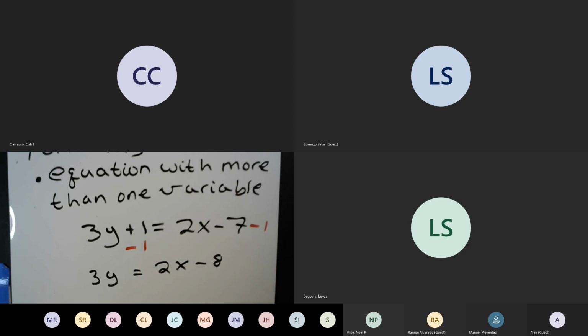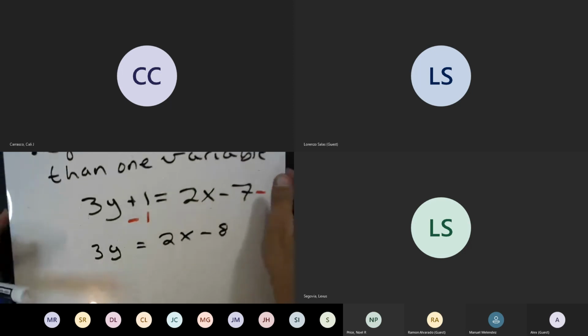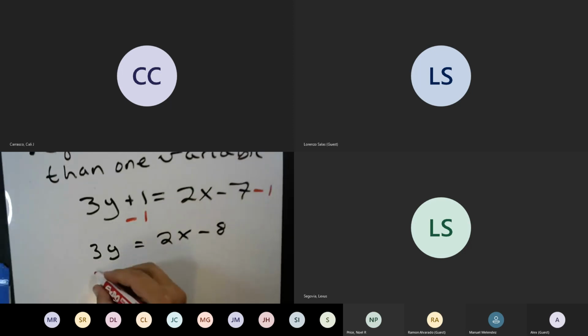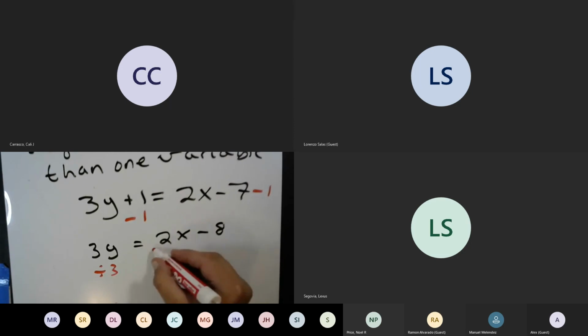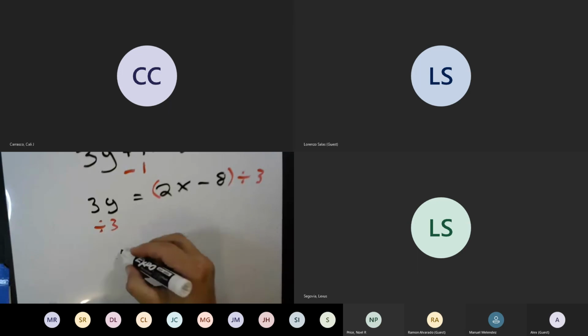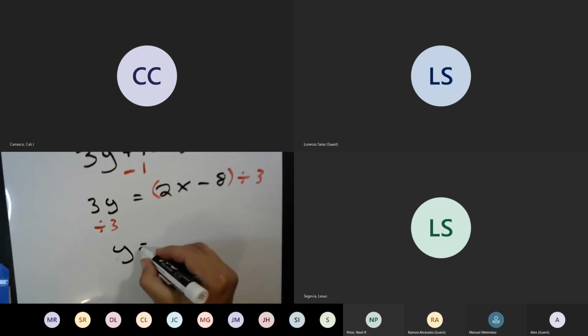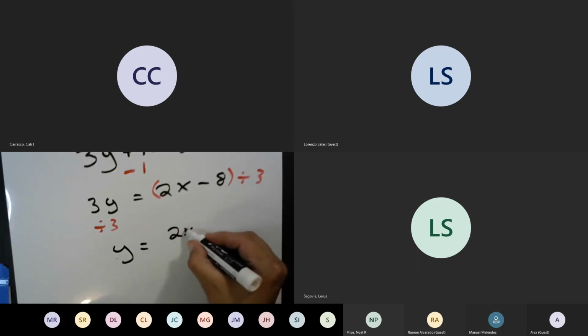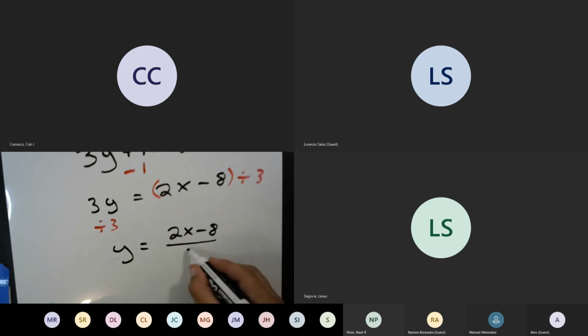And now we're going to undo the multiplication by 3. Again, we're actually dividing the entire side by 3. And so that's going to give us y equals 2x minus 8, whatever that happens to be, over 3.